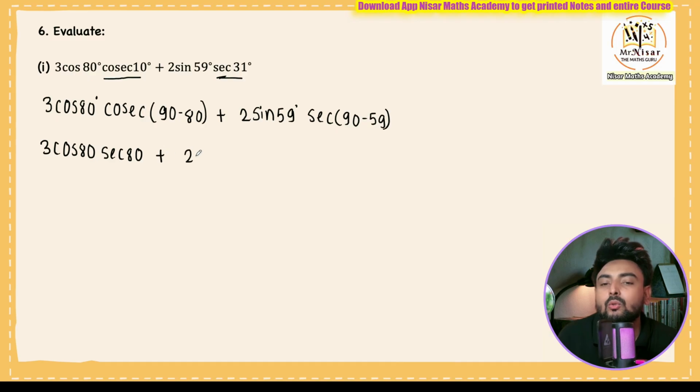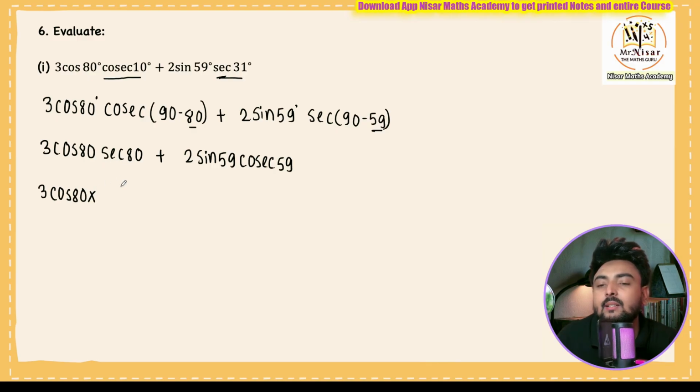Plus 2 sin 59, sec 90 minus theta. Sec 90 minus theta is, sec is complementary to cosec, so I'll say that it is cosec 59. The value of theta here is 59. This is our theta, 90 minus theta. Okay, then now you tell me, what can you say, cos and sec, these both are what? They are reciprocal to each other.